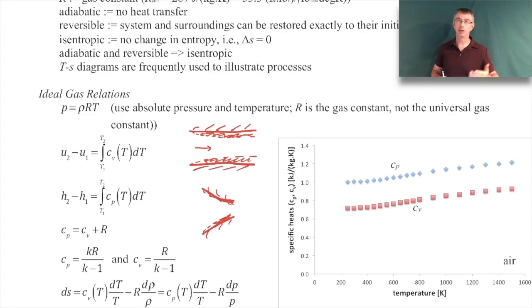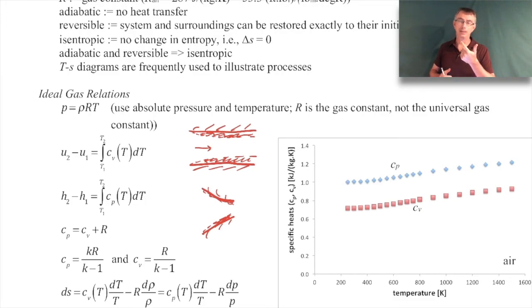Between the flow and the surroundings, the amount of surface area in these kind of short lengths of pipes and short nozzles, maybe they're insulated as well, there's very little heat transfer that occurs. So if we assume that there's no heat transfer, that means it's adiabatic. And if we assume that we only deal with the inviscid core, which is most of the flow, the boundary layers are thin, so really most of the flow is inviscid core.